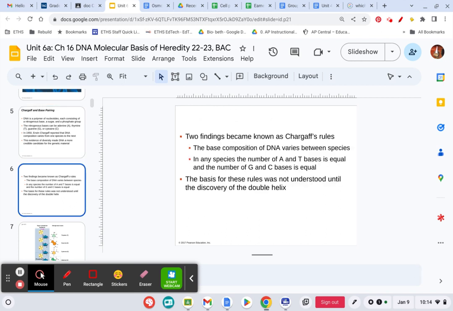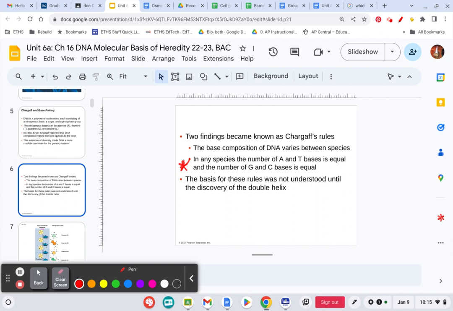And his big finding was what we now call Chargaff's rules, and this is really the key point here: it didn't matter what species you were looking at. The number of adenines in a DNA molecule always equaled the number of thymine molecules.